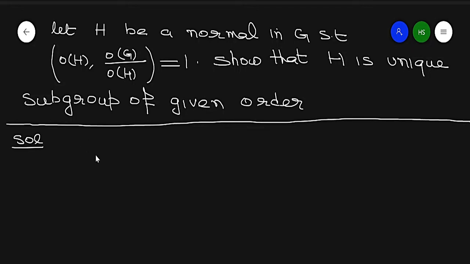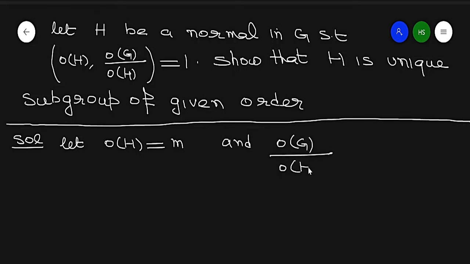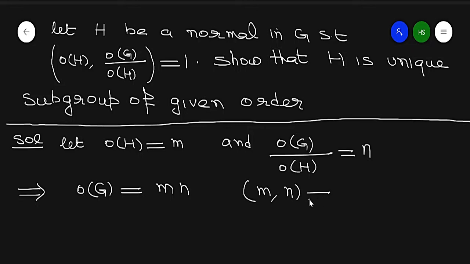So I take the order of H equal to M, and the order of G over the order of H equal to N. So it means the order of G is equal to M into N, where GCD of M and N is equal to 1.